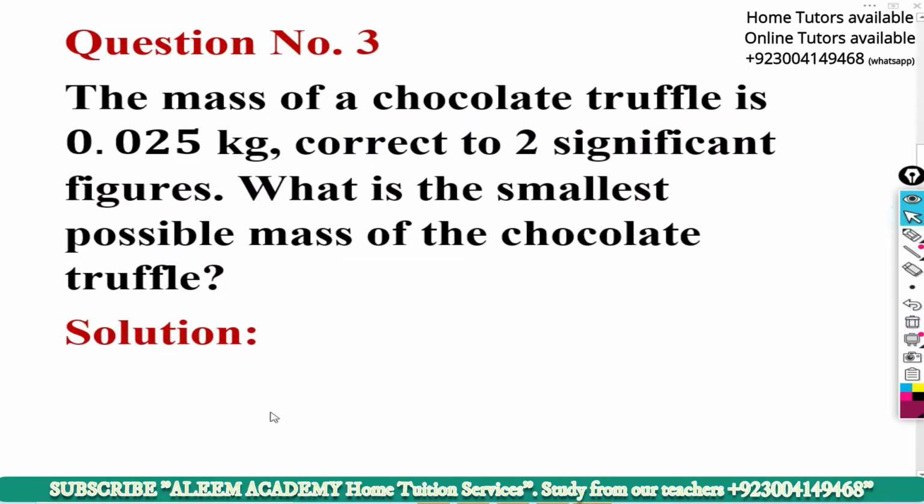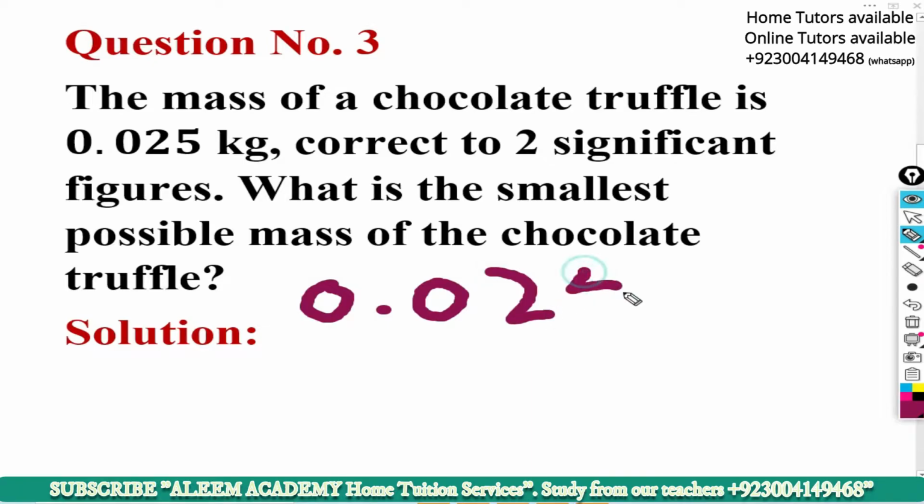So let me explain how to do this. Let's say we have 0.025. Okay, so what happens actually is that this number is rounded off to 2 significant figures, meaning this is the first significant figure and this is the second significant figure.